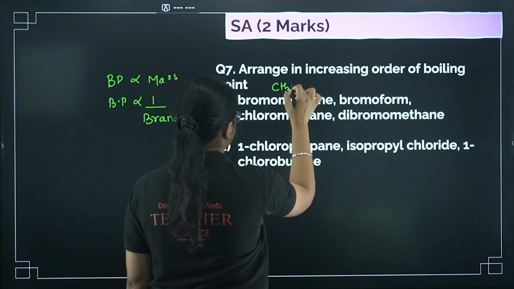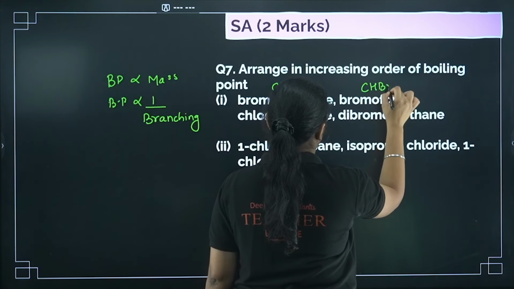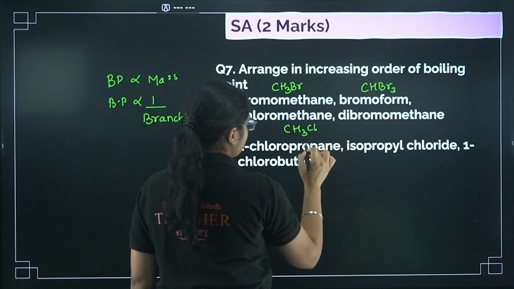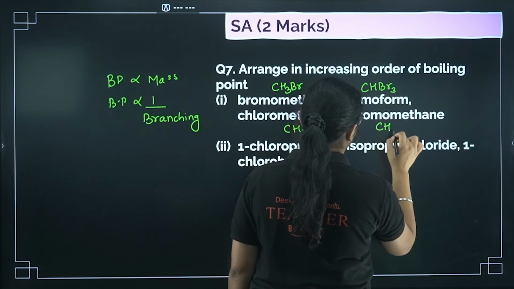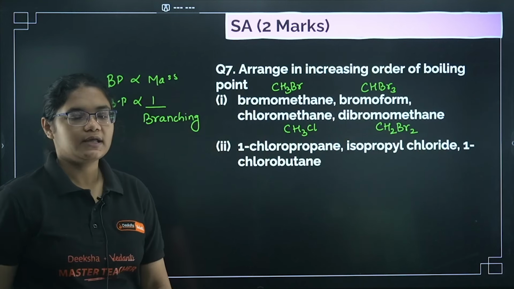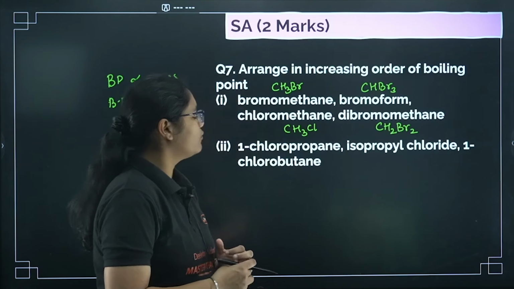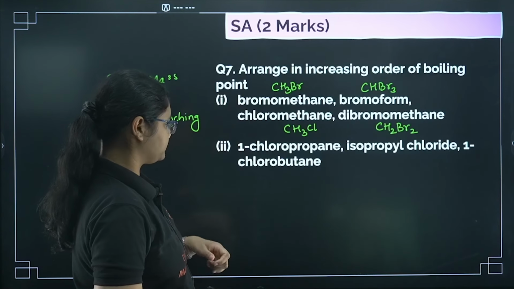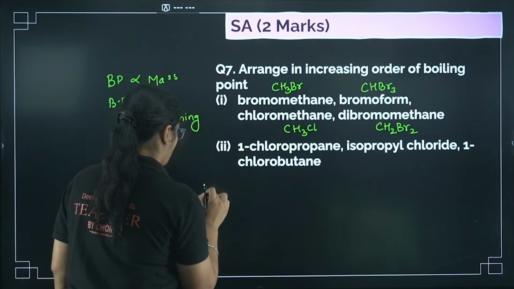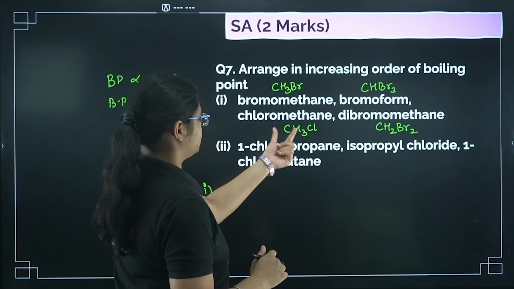Bromomethane is CH3Br, then you have bromoform, CHBr3, then we have chloromethane, that is CH3Cl, and we have dibromomethane, that is CH2Br2. Okay, so this is the structure that we have. Now if you see the order of the compounds, the lowest one will be CH3Cl.